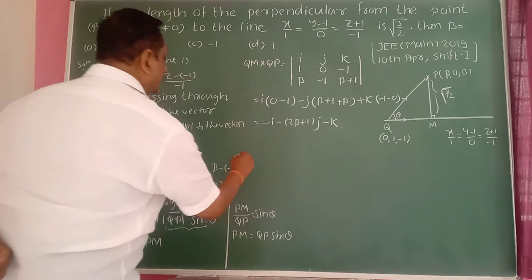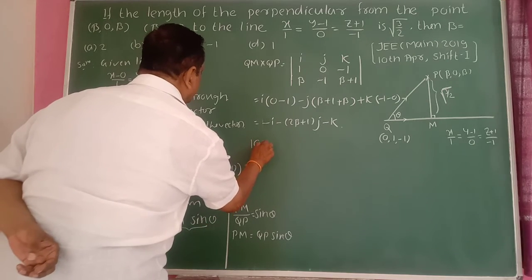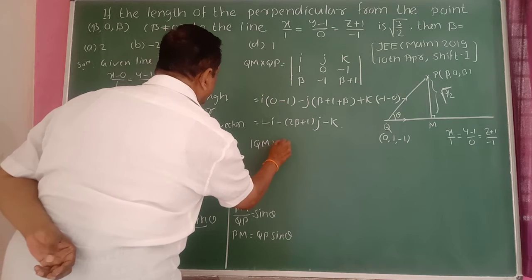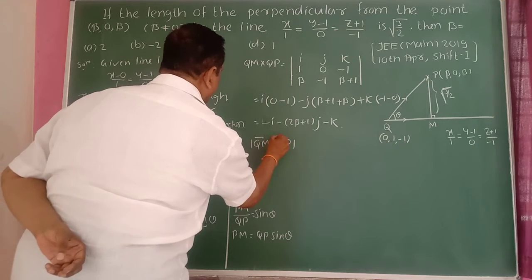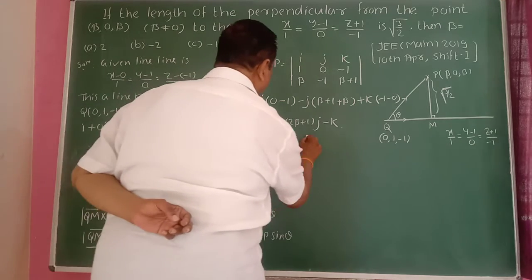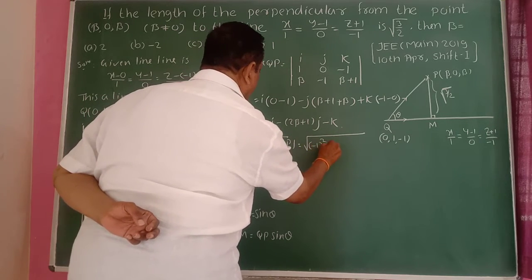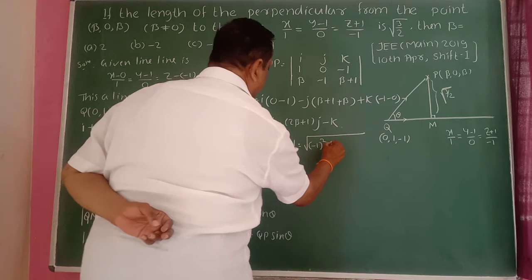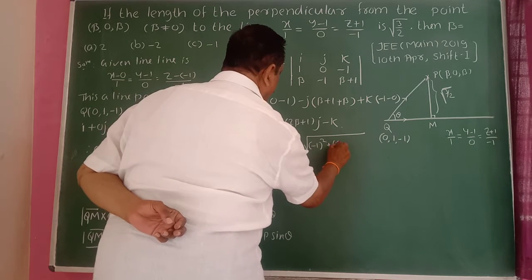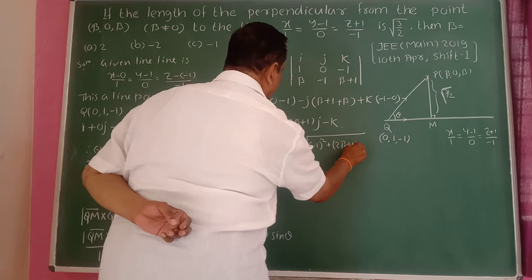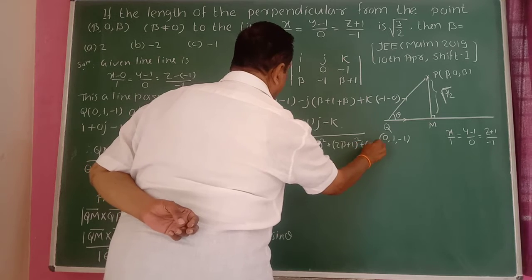Then its modulus: the modulus of QM cross QP is equal to the root of (−1) square plus (2β + 1) whole square plus (−1) square.